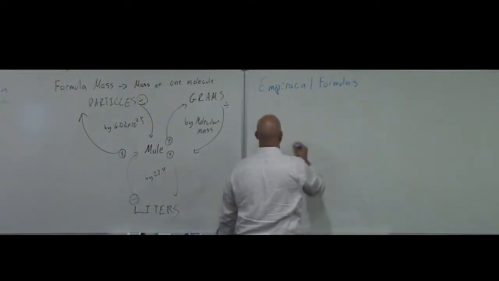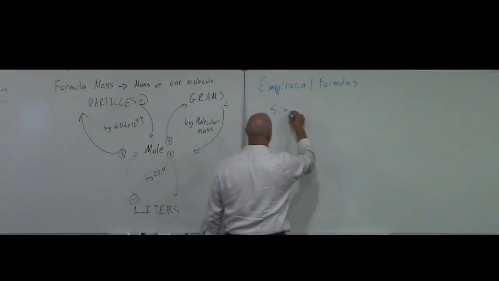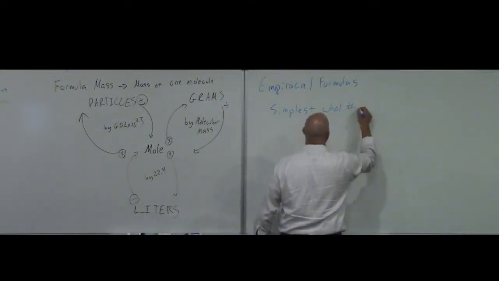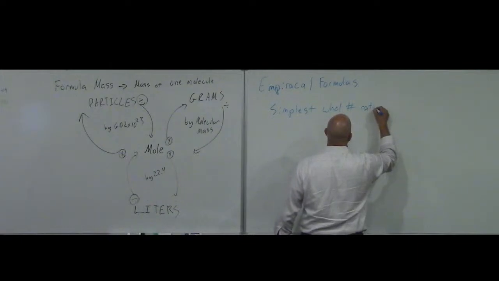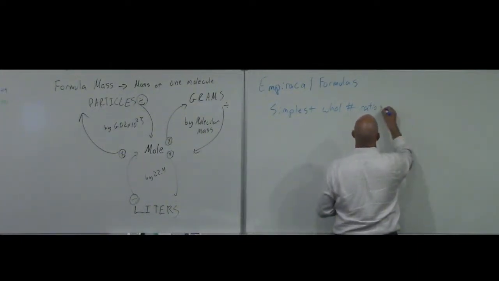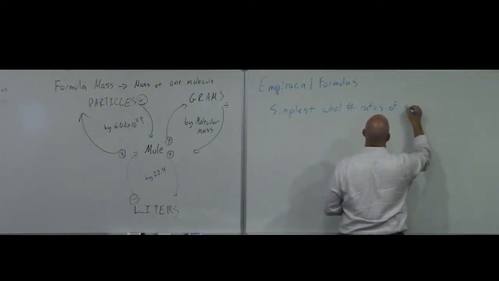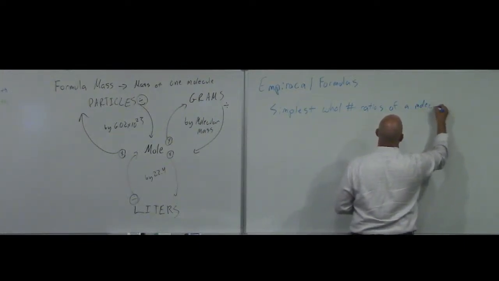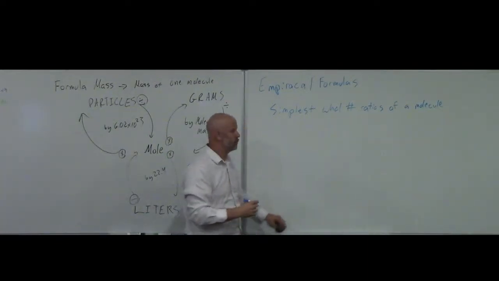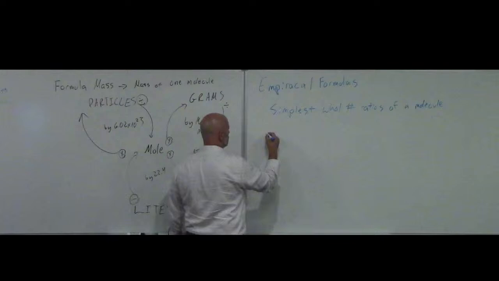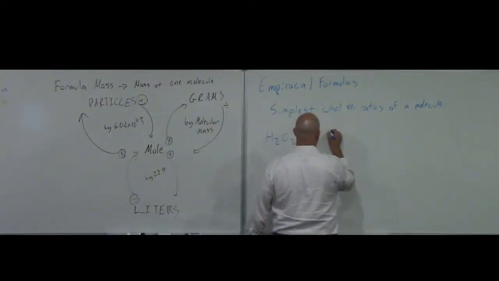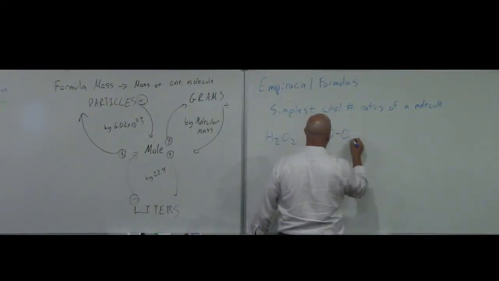So empirical formulas are the simplest whole number ratios of a molecule. Let me give an example. Hydrogen peroxide, H2O2. It looks like this if you were to bond it.